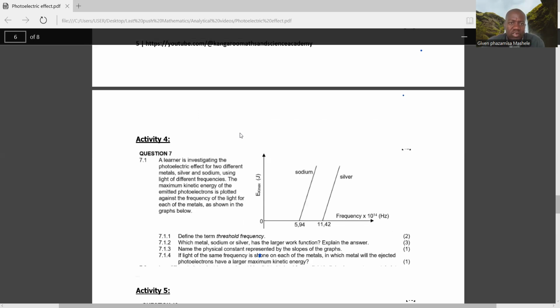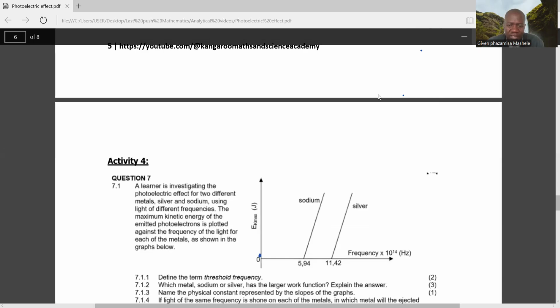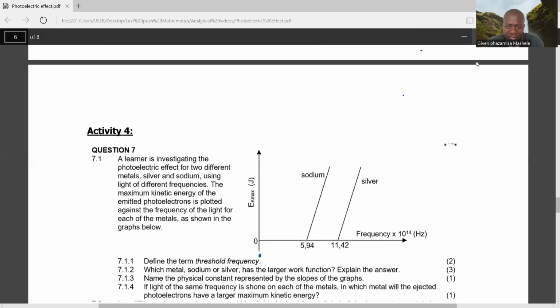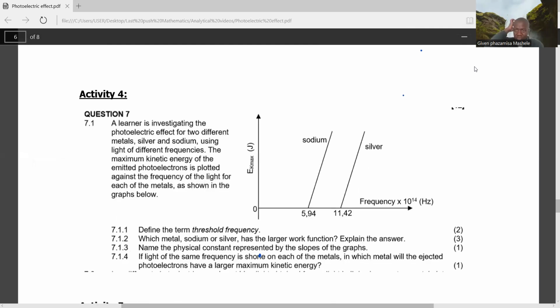This one actually I will not do with you, because I believe I've done as many questions as possible. I just did one example now. So what you can do is pause the video and do it on your own. You see, we have two metals there, sodium and silver. Each has a different cutoff frequency.